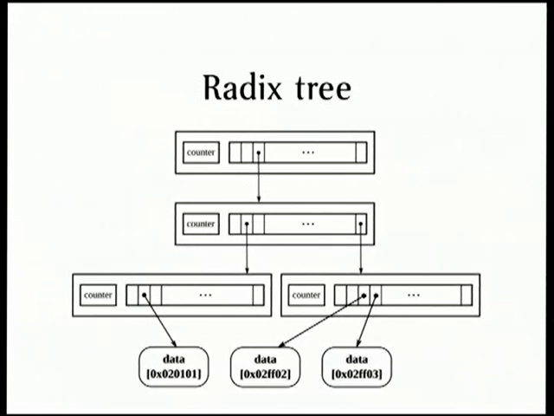There is a scheme of how a Radix tree works. It's just a counter of entries in each node and a statically allocated array where in each field you store just a pointer to another node, and as the index to each field you use a chunk of the key.